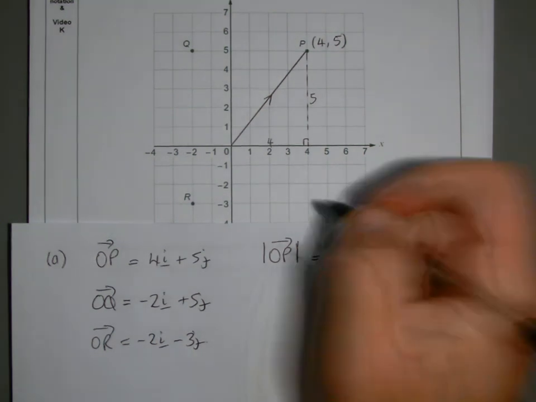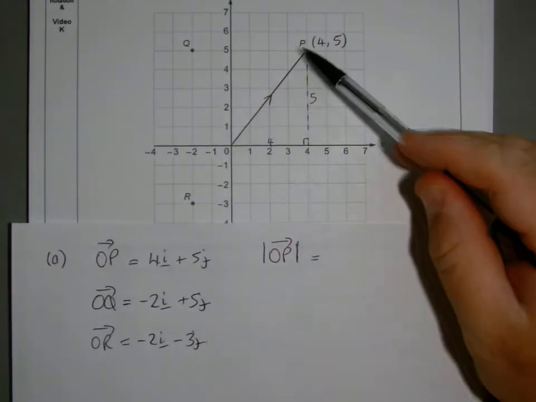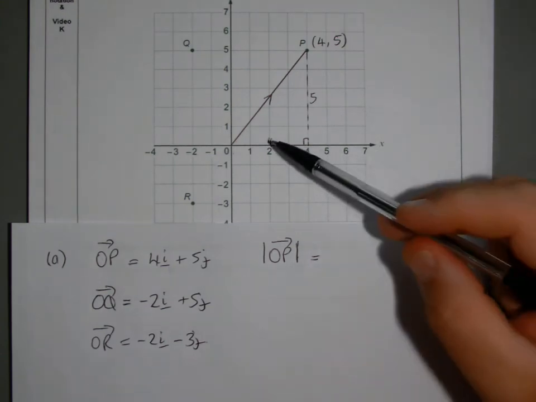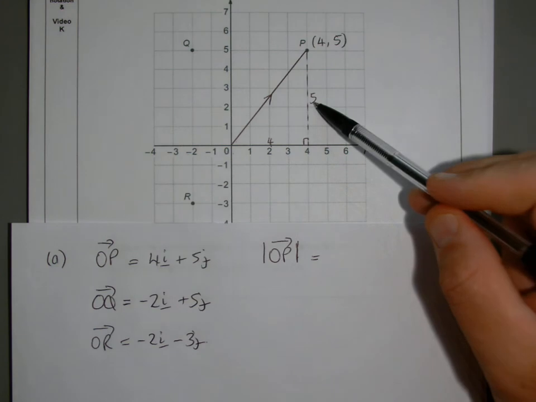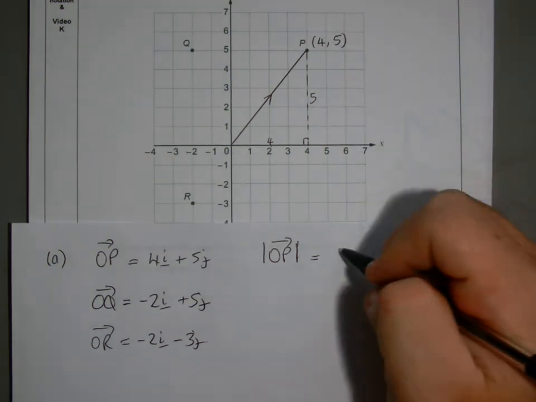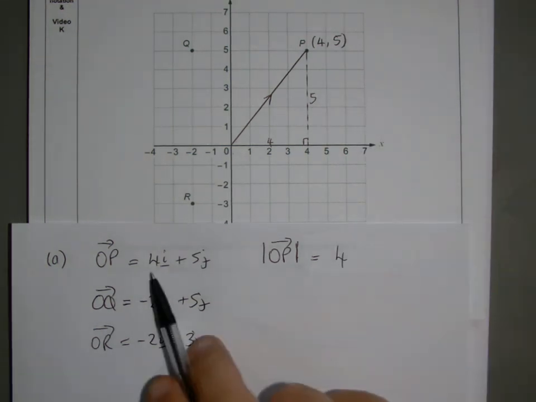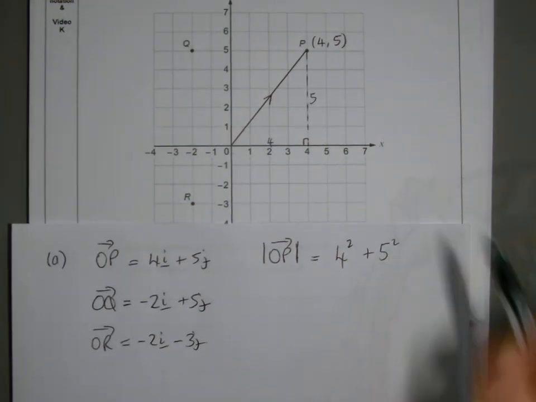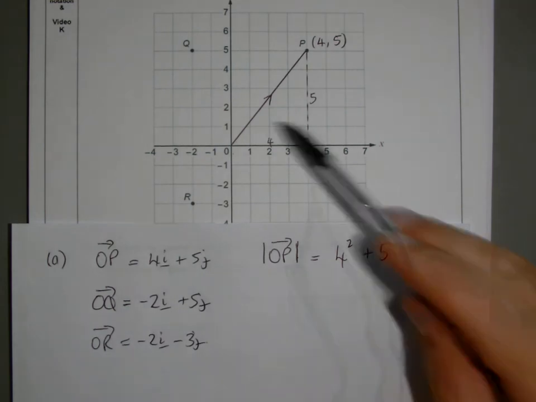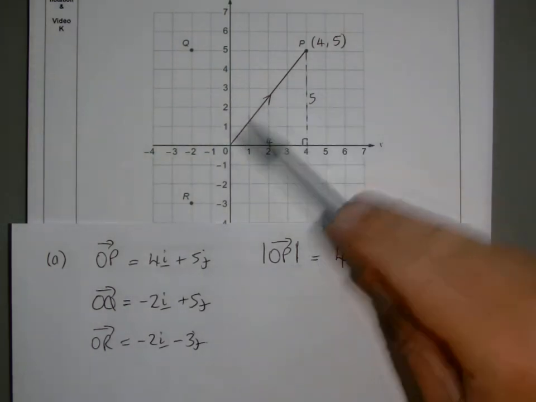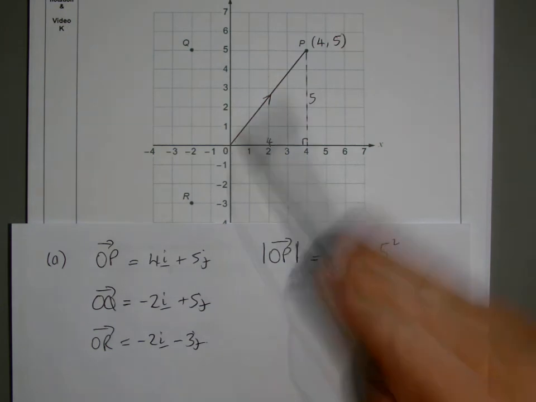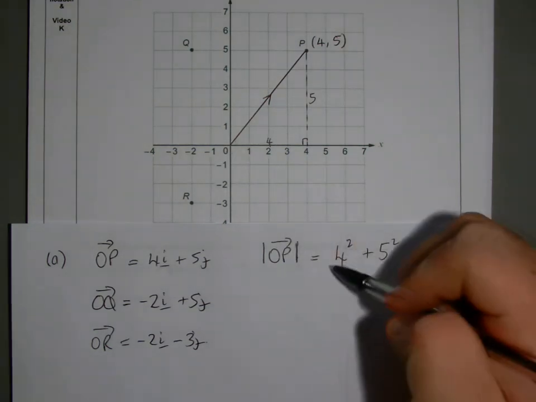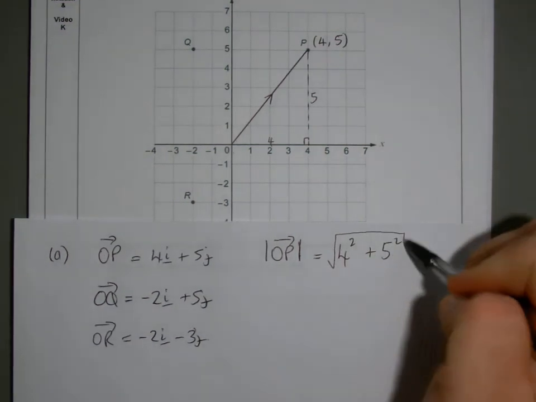And the question is then, how do I get that length? Well, remember, you use Pythagoras' theorem. Pythagoras' theorem says you square this side, square that side, and add them. So we take 4 squared and 5 squared, add them, and then whatever that comes to, you square root the answer.